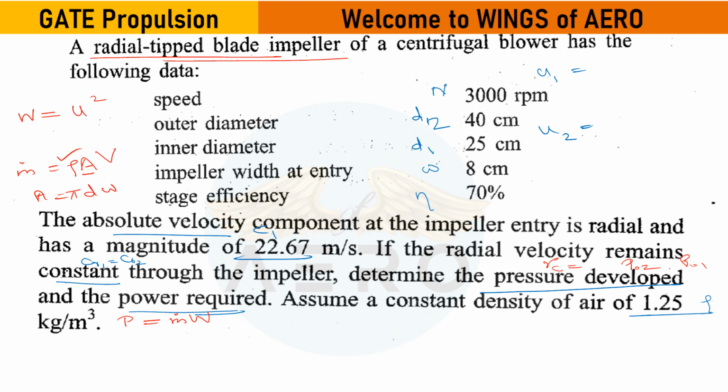The rho value is given, and for V you can use Cr1. As they have given the radial velocity and the radial tip, you will know what the velocity triangle is.